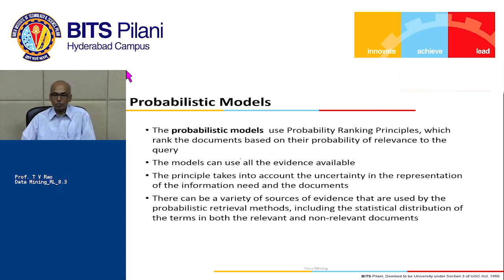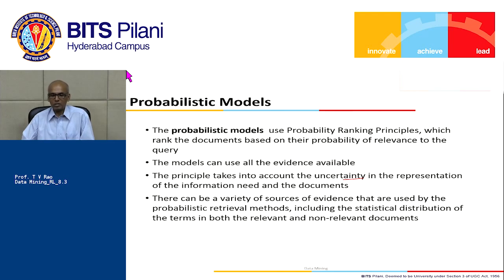The models can use all the evidence available. They don't need to depend on one particular evidence; they use the probability technique, take multiple types of evidence, and then combine them. They may also take into consideration the uncertainty with respect to both the information representation and the query representation, whatever information need that you have.